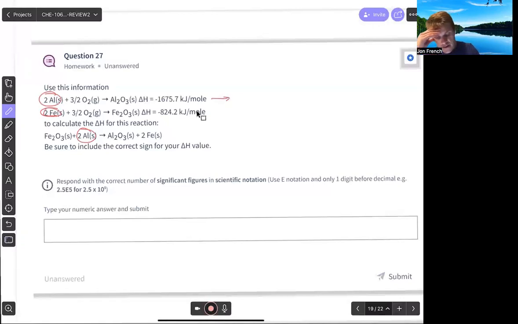So that stays 2 aluminum plus 1.5 oxygen goes to aluminum oxide, and that delta H is going to stay the same, 1675.7.